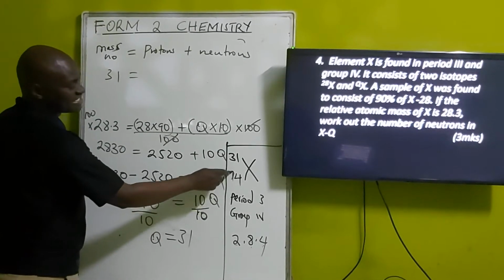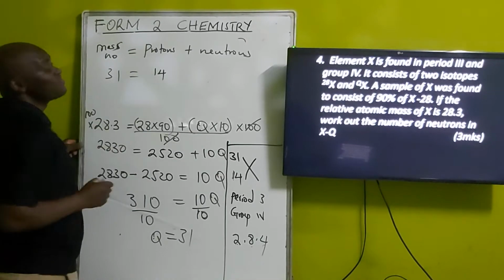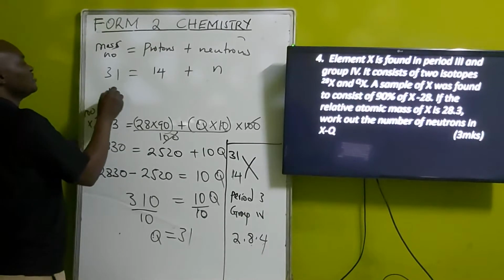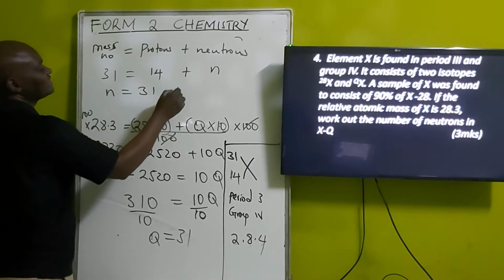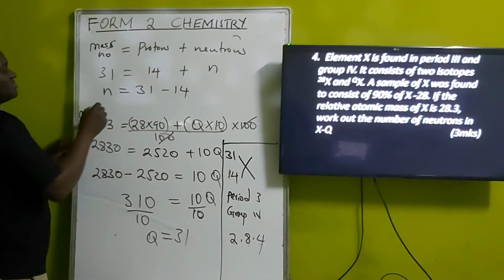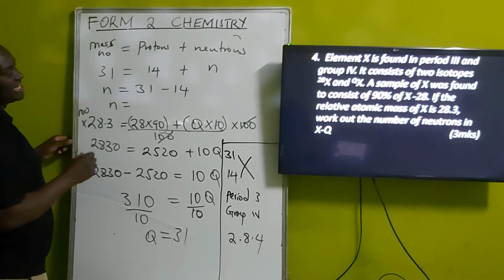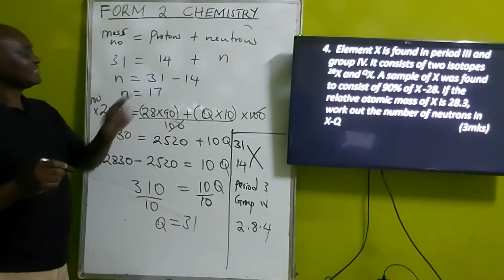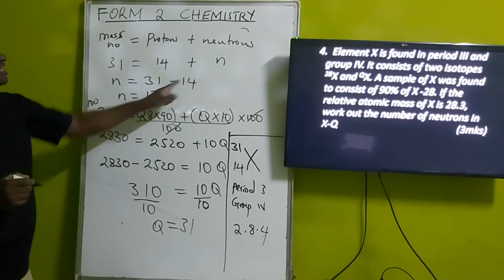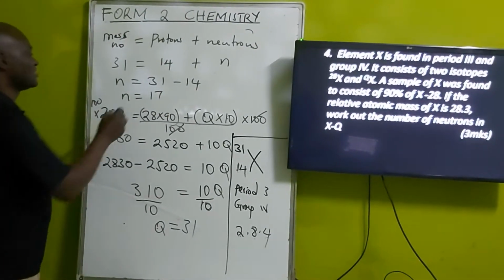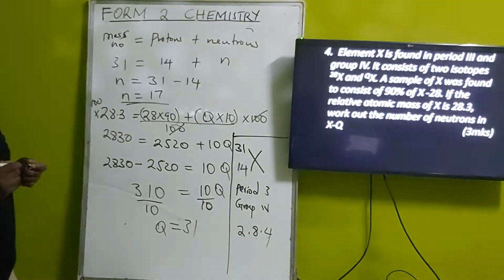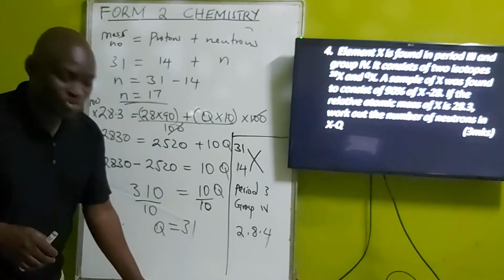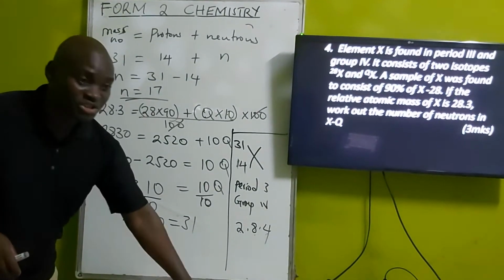Atomic number is 14, so protons are also 14. This one plus neutrons. So neutrons is 31 minus 14, meaning neutrons will be 17, because 17 plus 14 is 31. So that is the number of neutrons in that element. That is how you do such a question.